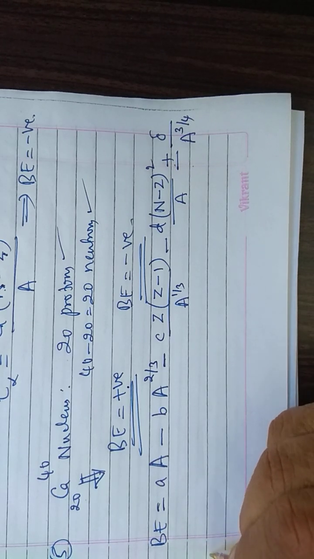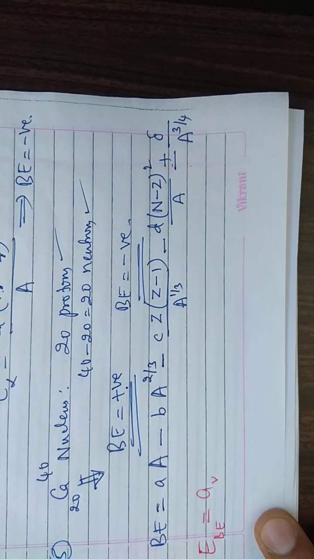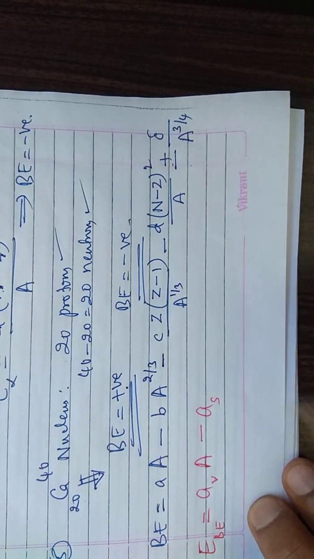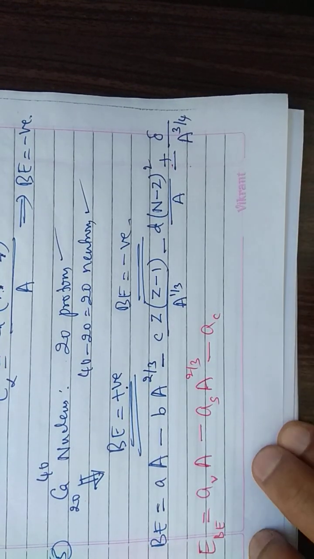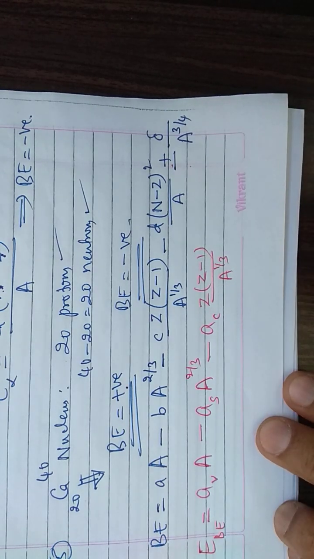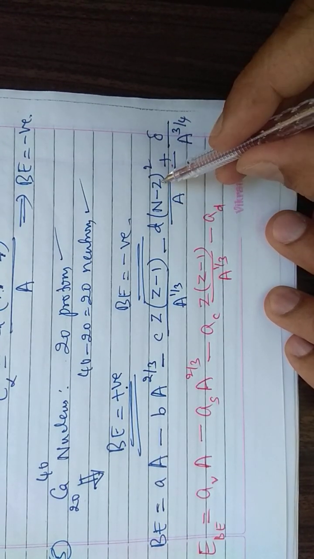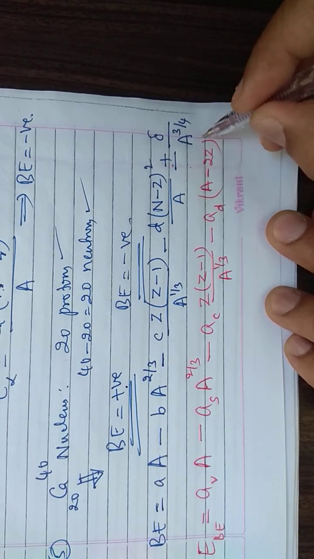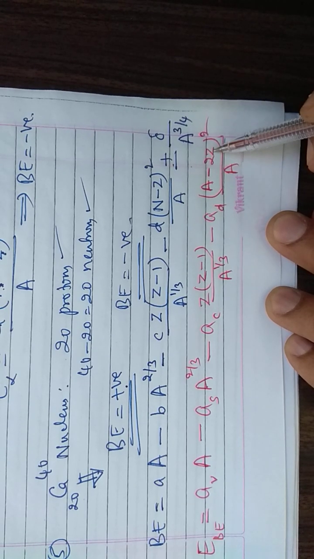The binding energy E can be written as AV, the volume constant, into capital A, minus AS, the surface constant, into A to the power 2 by 3, minus the Coulomb term AC into Z into (Z minus 1) divided by A to the power 1 by 3, minus AD into (A minus 2Z) squared divided by capital A. Instead of N minus Z, we can write A minus 2Z, where A is the mass number and Z is the atomic number.